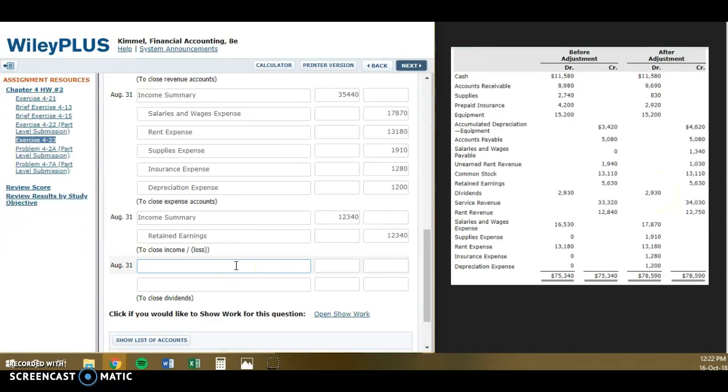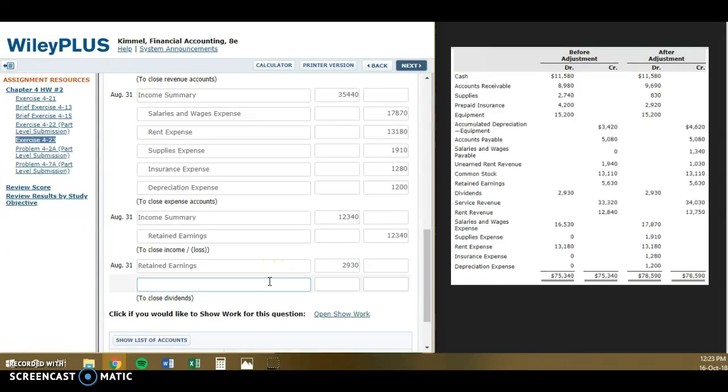And our retained earnings are going to be debited. So I'm going to put in retained earnings to be debited 2,930.